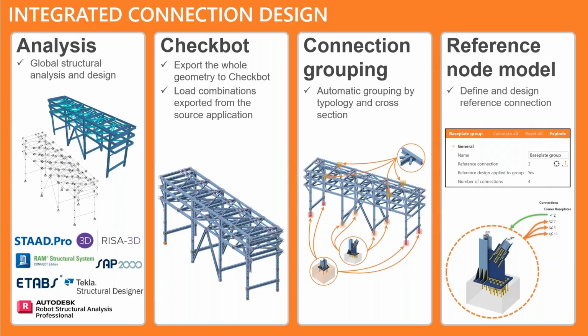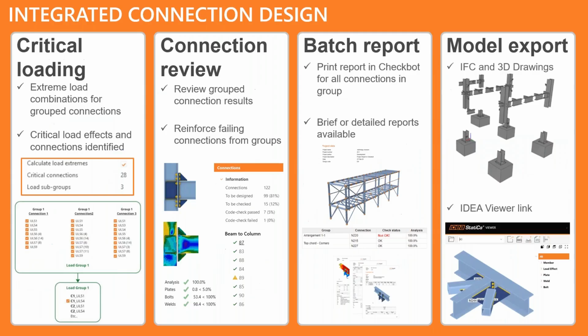This is the only connection that you will design for the group, and later the application will apply it to all the joints in that group. We can select to design the group for the critical load effect only for the joints in that group. I'm going to show you that later. Then after calculating the group, you will see the pass or fail status in this list.